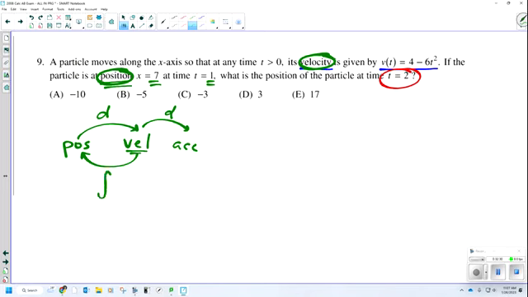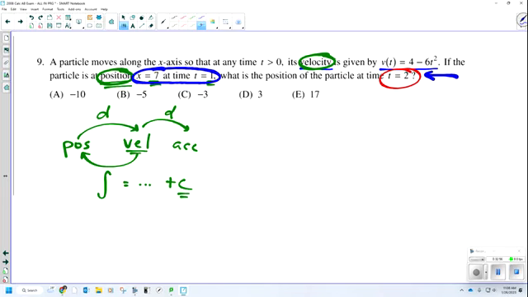Not only that, we don't have bounds. So we're going to have a plus c. We need to find out what the c is given an initial condition for position. Once we get that equation, then I need to plug in a 2. So it's a little bit of work here, but, you know, we can do it.